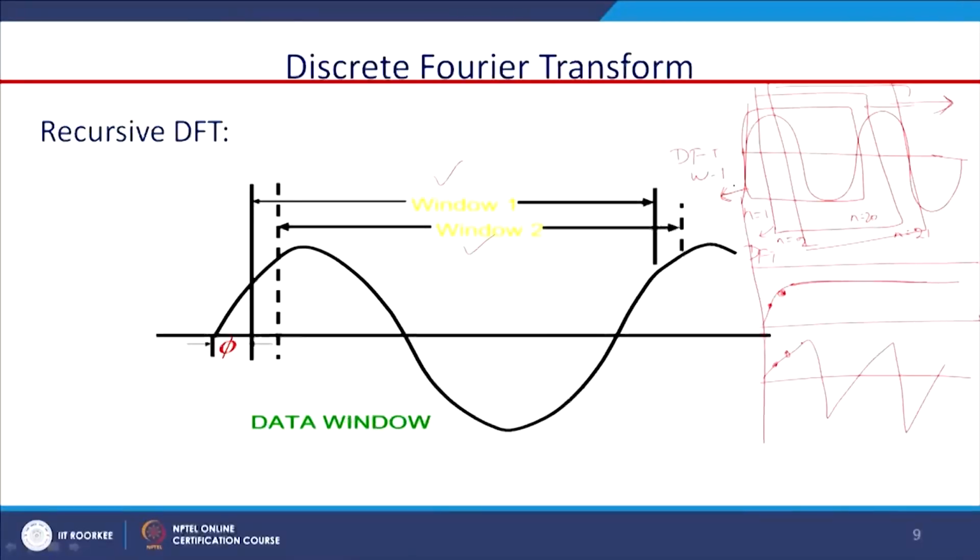In this case, the DFT will be calculated only once, for the first window. For subsequent windows we are not going to calculate the DFT anymore. The first DFT will be utilized to calculate the magnitude and phase angle of the second window of 20 samples per cycle data.